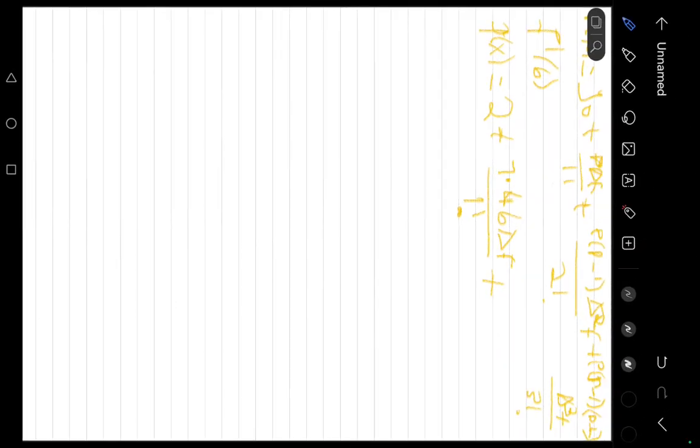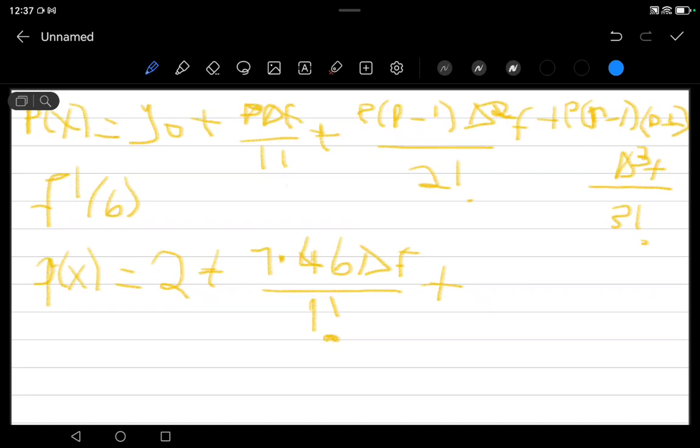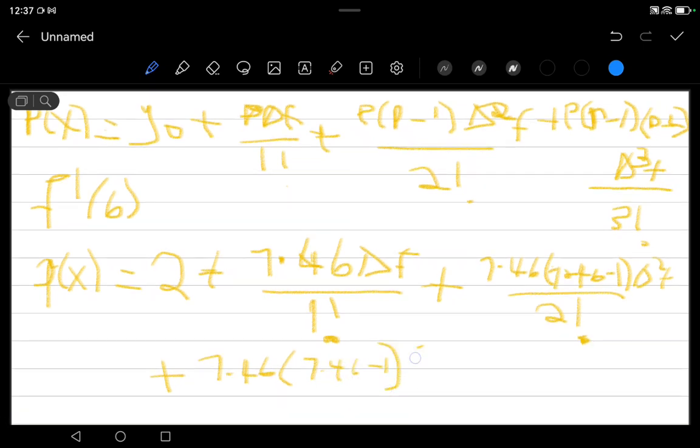Plus p, it's going to be 7.46 into 7.46 minus 1, and then change square f over 2 factorial. Plus 7.46 into 7.46 minus 1, and then 7.46 minus 2, change to the power of 3 f over 3 factorial. Okay, so we're going to have this, and then we're going to calculate.